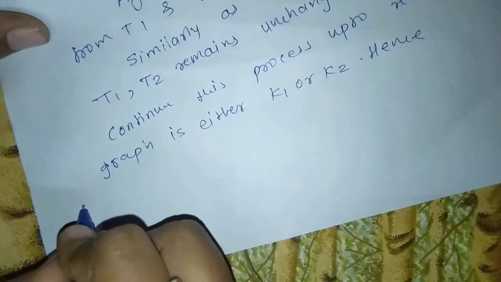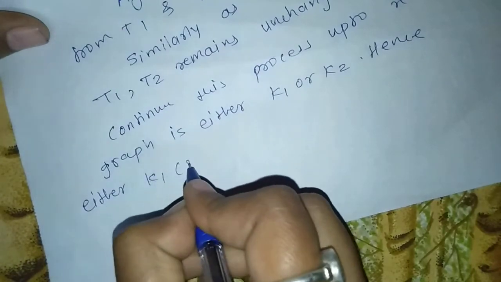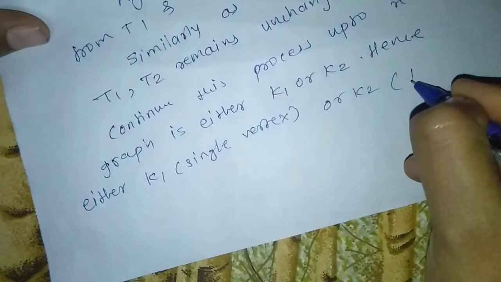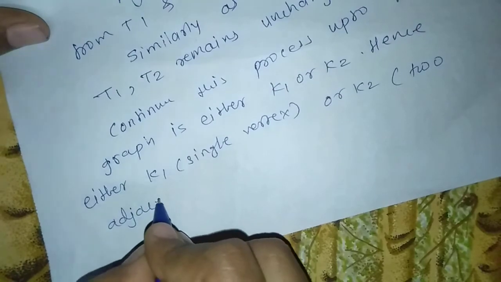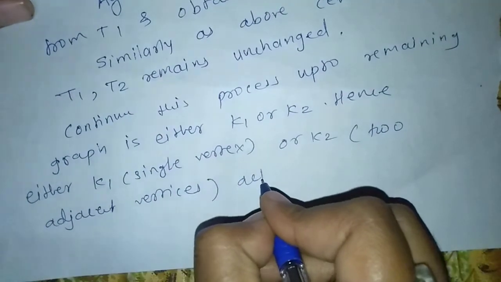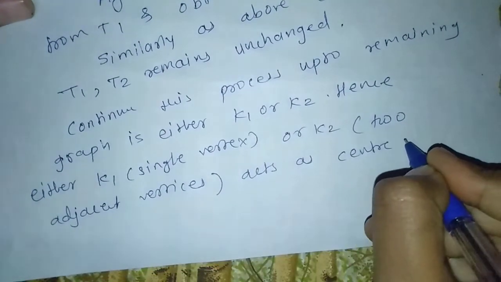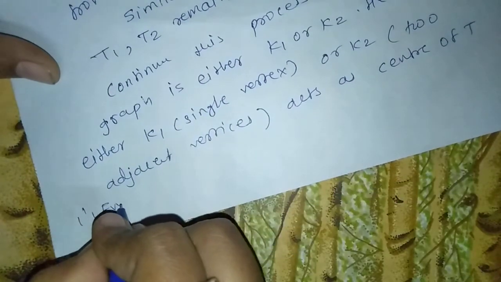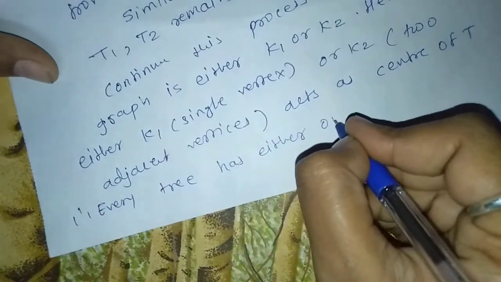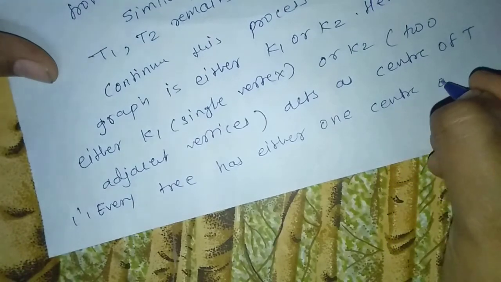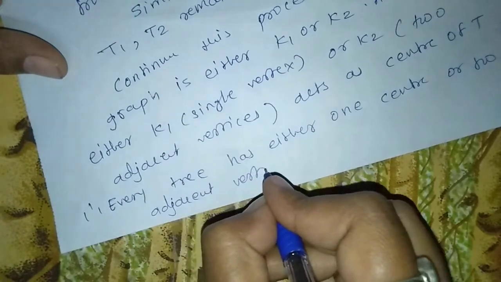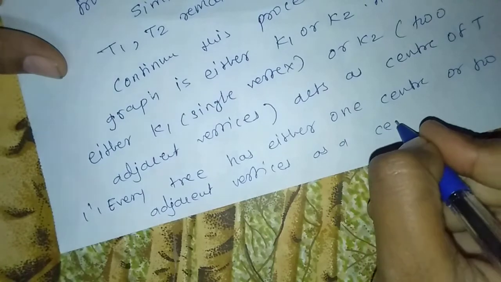Hence either K1, a single vertex, or K2, two adjacent vertices, acts as the center of T. Therefore every tree has either one center or two adjacent vertices as a center.